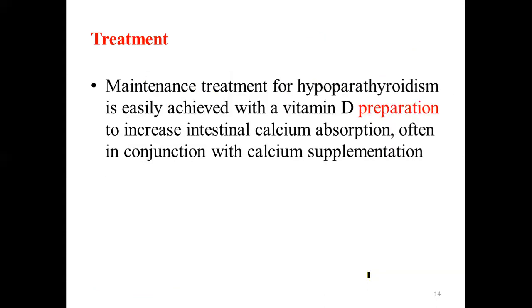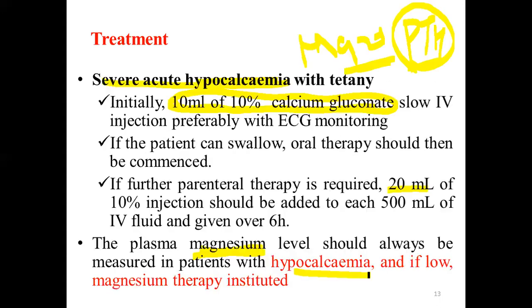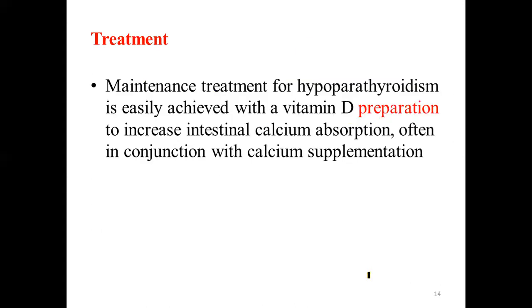So this is how we are treating the acute condition. In the acute condition, give intravenous calcium gluconate. Then if no response, 20 ml of 10% calcium gluconate can be considered. Then if not responding, look at the magnesium level in the serum.